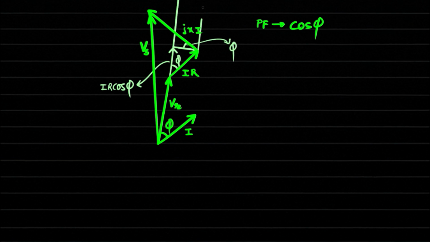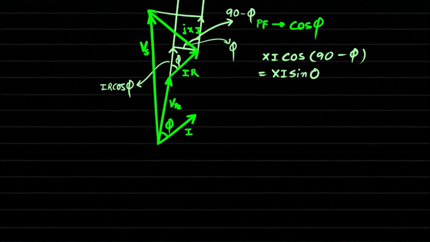Now if we draw a straight line parallel to the direction of VR, then this angle is 90 degrees minus phi. So the component of IX along the direction of VR will be IX cos(90 degrees minus phi), which equals IX sin phi. So from this figure, the total length VR plus IR cos phi plus IX sin phi is the length of the straight line from this point 0 to that point.